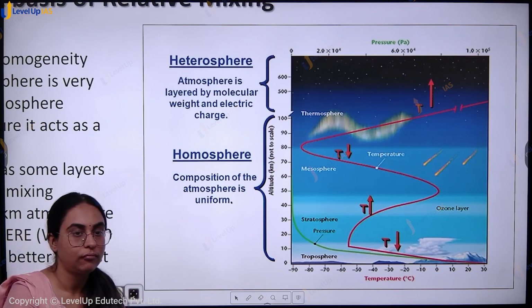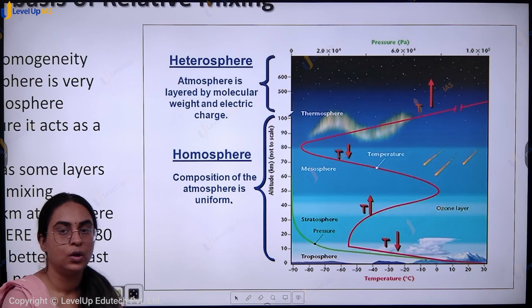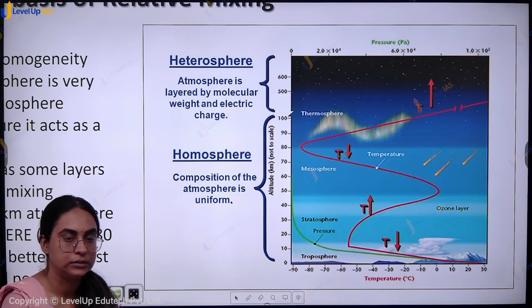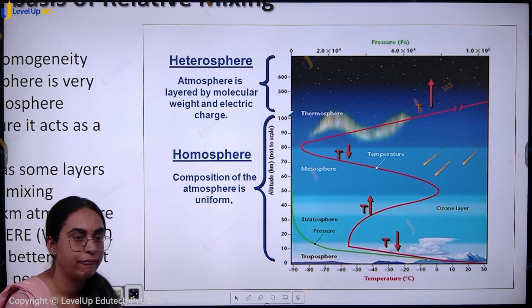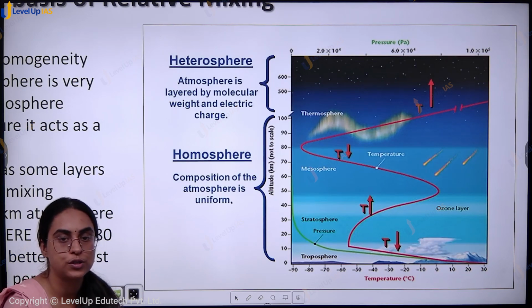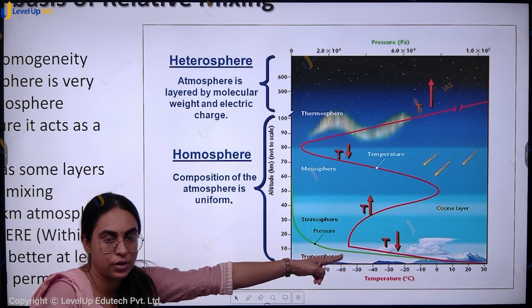One. The temperature reduces with the increase in height in troposphere. I'll repeat the first point. Temperature reduces with the increase in height in troposphere.